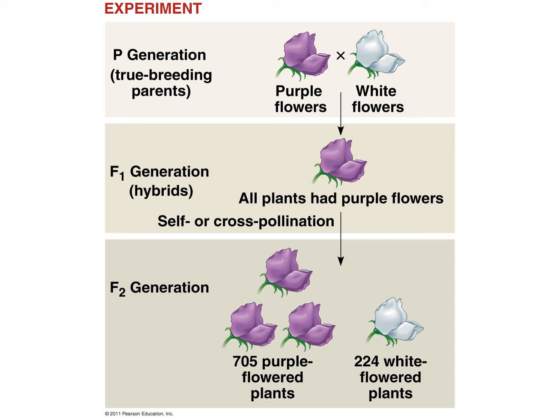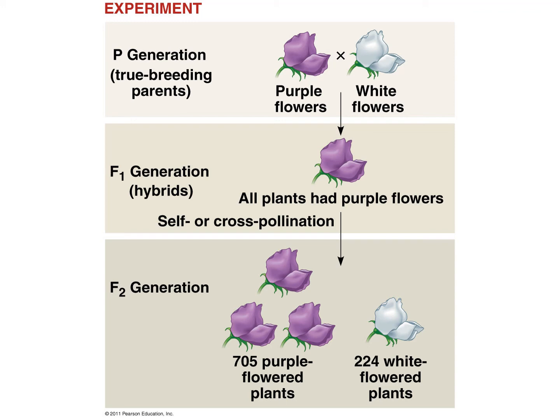Cross two purple F1s, and 705 of the offspring were purple flowering and 224 were white flowering. So if purple is the dominant trait, why does white pop up again in the F2 generation? What the heck is going on there?